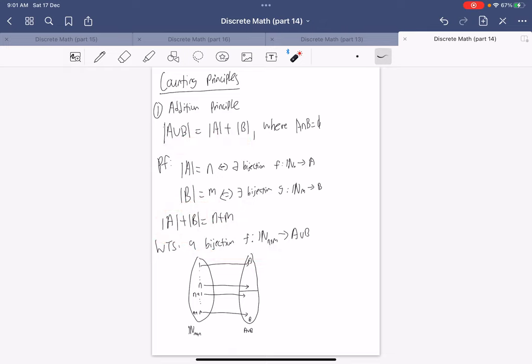Now, how do we want to form this bijection? The hardest part about proving things about cardinality is always to create the bijection.